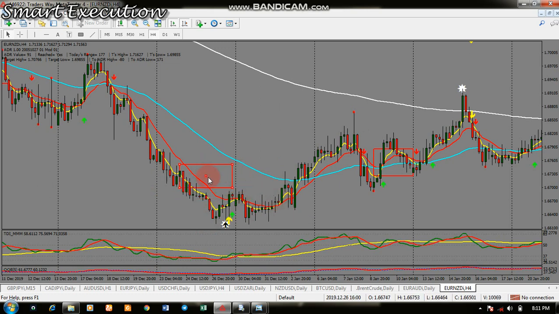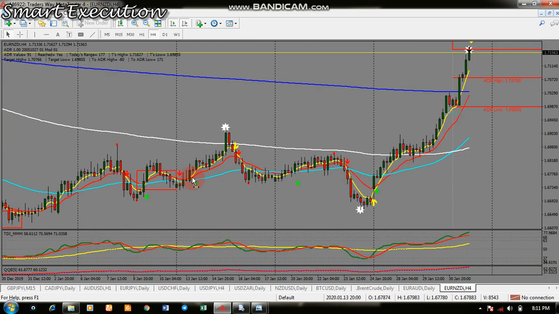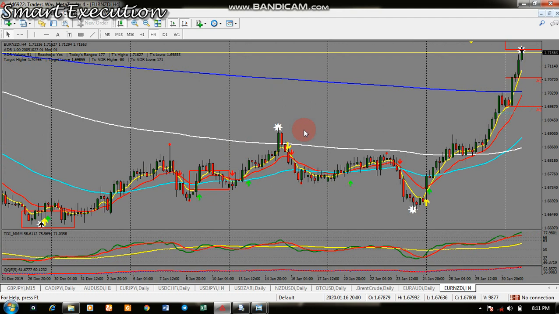How? It forms a pattern, a W or an M pattern. As you can see, this is the first leg, this is the second leg, a W formation, and then they went up, never came back.